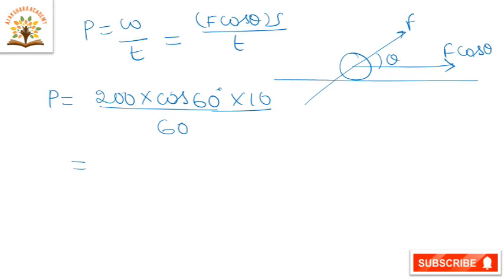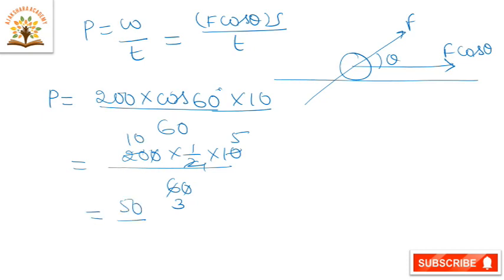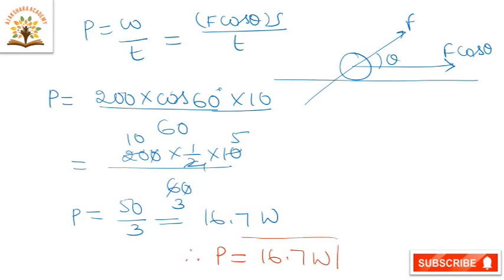So that is equal to 200 into cos 60, 1 by 2, into 10 by 60. 2 ones are 2, 2 5s, the 0s get cancelled. Here 2 3s are 6, 2 10s are 20. So 10 into 5, 50. 50 by 3. So therefore that is equal to 16.7 watts. Therefore power P is equal to 16.7 watts. This is the final answer. Okay. Thanks for watching this video.